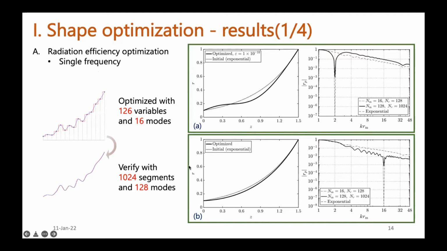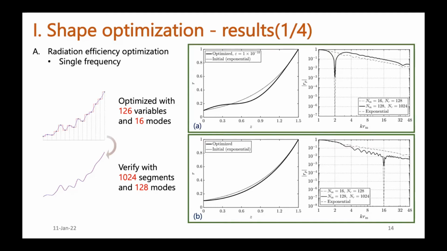A and B show 2 cases, one for the low frequency region, K equals 2, where K has been normalized, and the second where the target frequency is 16, at a mid to high frequency range.